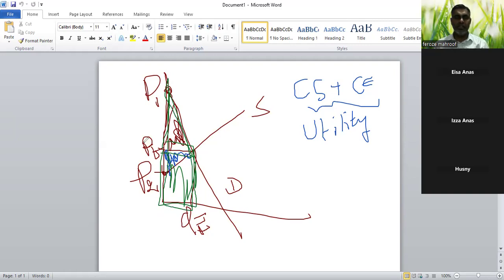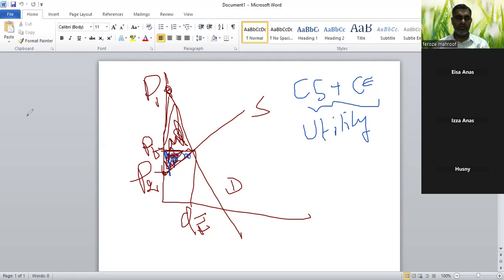Similarly, you can see one more thing. This is the producer surplus.